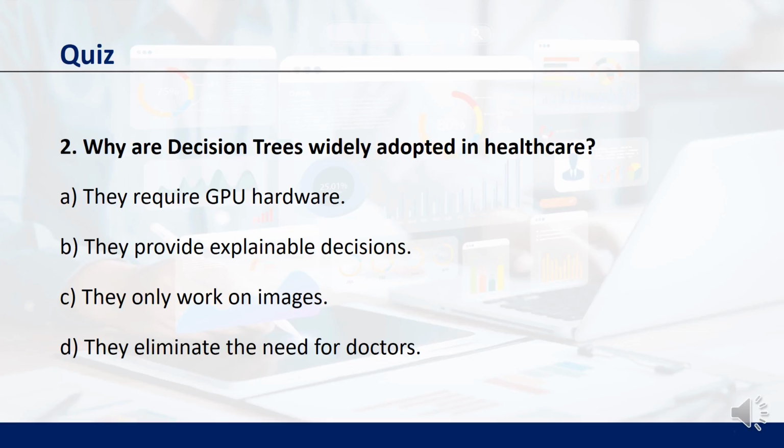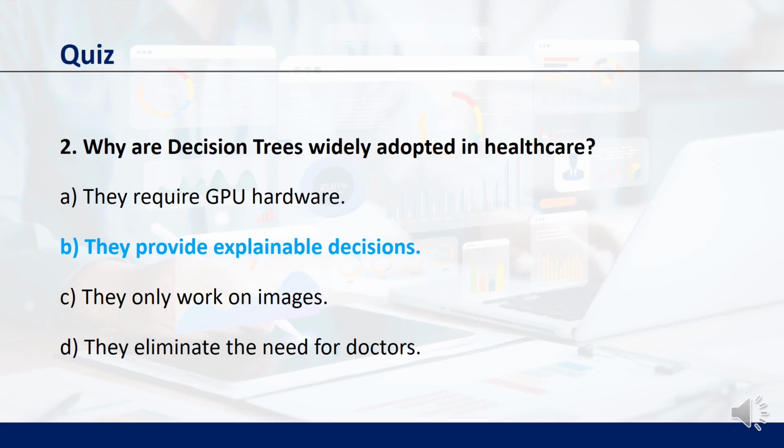The correct answer is they provide explainable decisions. One of the important strengths of a decision tree is that it has a tree structure. We can follow the decision path and understand the conditions that resulted in a particular prediction.